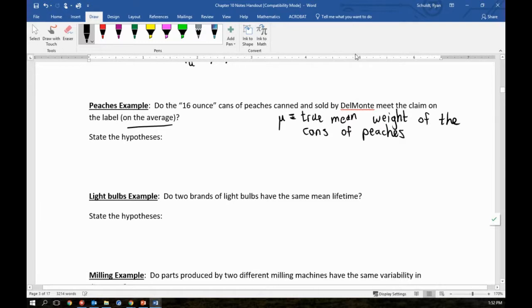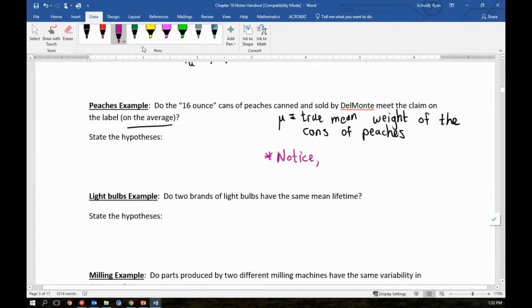Okay, so here they're asking: do the cans of peaches sold by Del Monte meet the claim on the label on average? So let's look at this from the consumer perspective. When would the consumer be mad here? That's right.